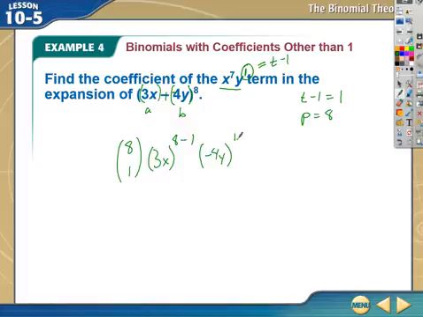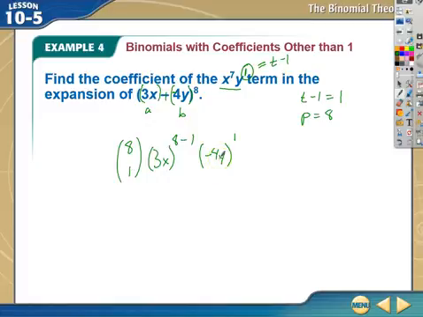So what I find out is that 8 choose 1 is 8. 3 to the 7th power is a really big number. X to the 7th power, and look, negative to this, so it's going to be negative. So when I plug this into my calculator, I do 3 to the 7th power times 8 choose 1, which is 8, times a negative 4.